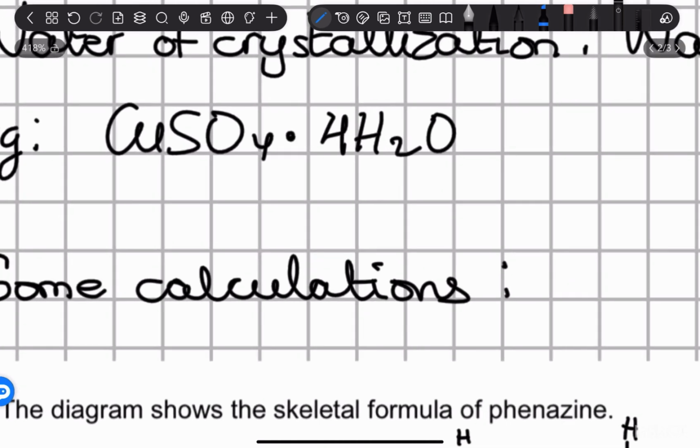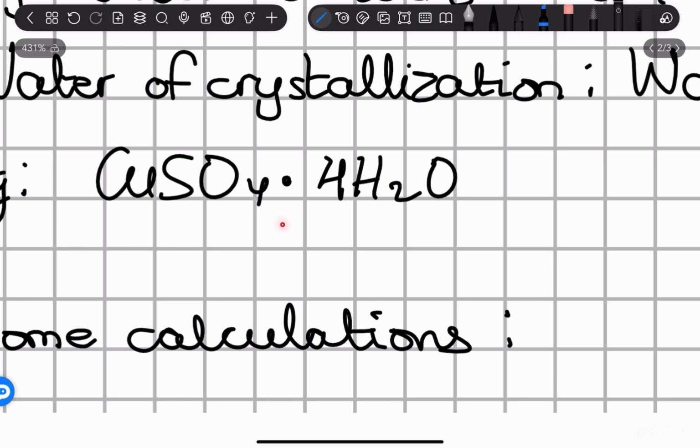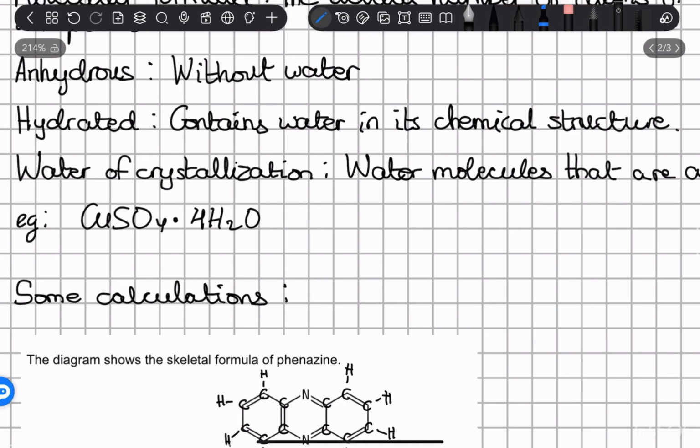So you have copper sulfate associated with 4 water molecules. These 4 water molecules are associated with the crystal structure of this compound. It's not really aqueous.